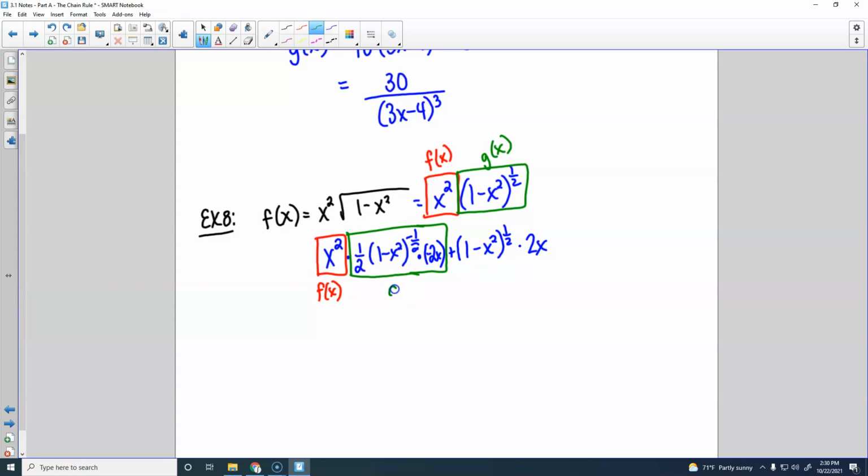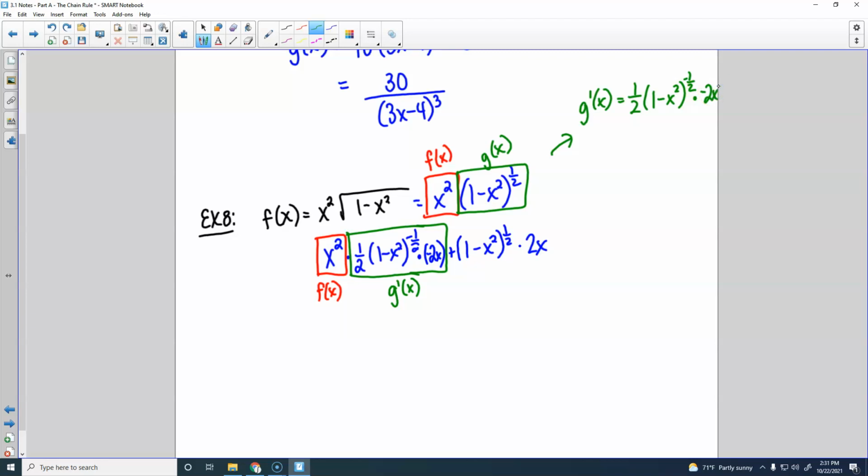This is g prime of x right here. So what we're doing is we're taking the derivative there. I'm going to do it over here to the side. The g prime of x. You're taking the derivative using the chain rule. So it's 1/2 times 1 minus x squared to the negative 1/2. And then you got to multiply by the derivative of the inside, which would be negative 2x.